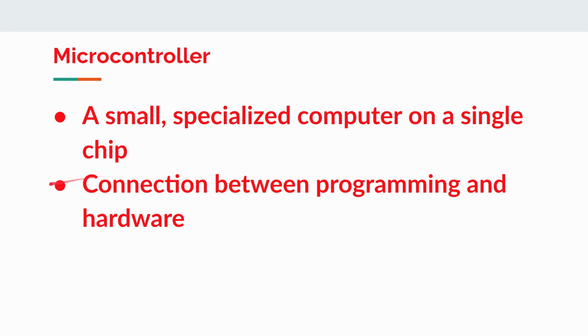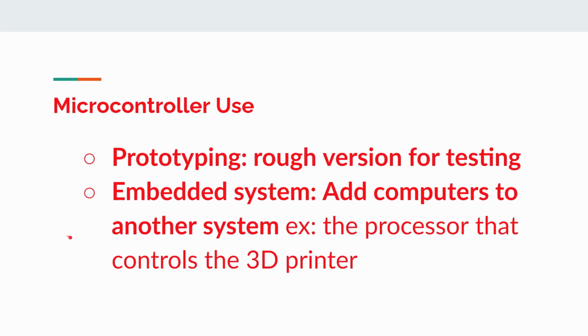Microcontrollers are our bridge between programming, which lives on a computer, and hardware, things in the real world like motors and lights. So that's the basic definition of a microcontroller. Remember to write this down since it is in red, and then we can move on.